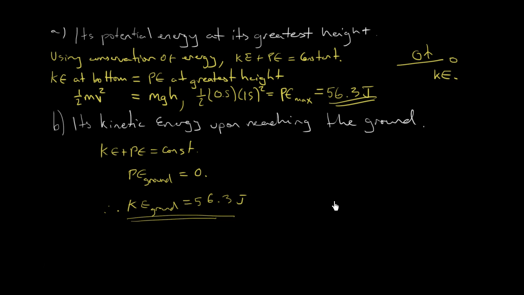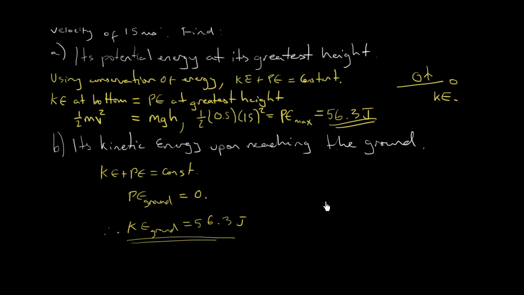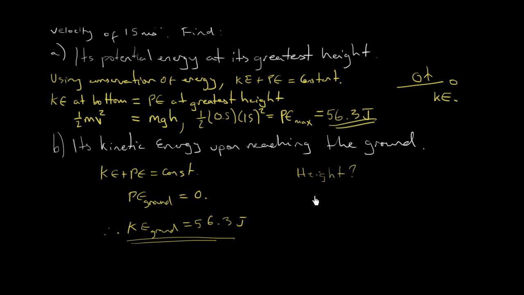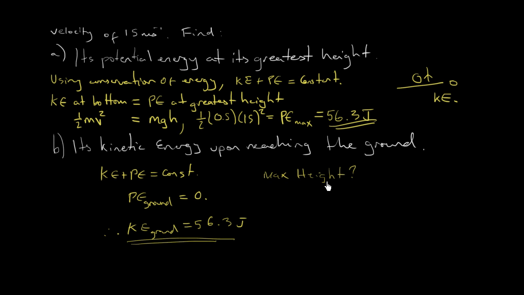Now they don't ask us to do this in the question, but I want to do it just so that we get a bit of practice with it. Let's try to find out the height, the maximum height reached. Let's take the full answer so that we don't make mistakes, which was 56.25.